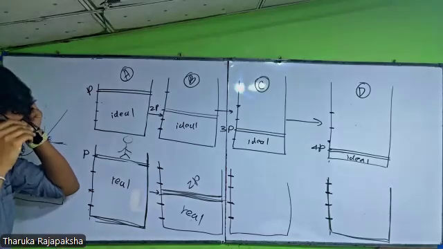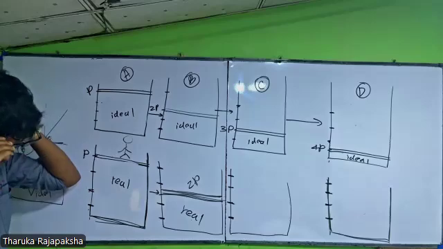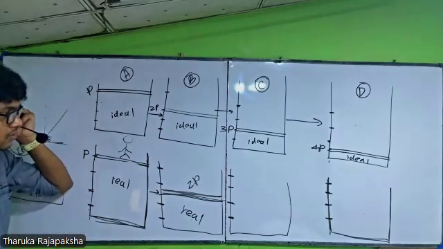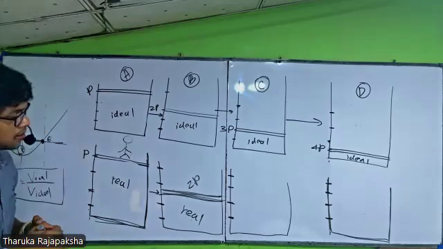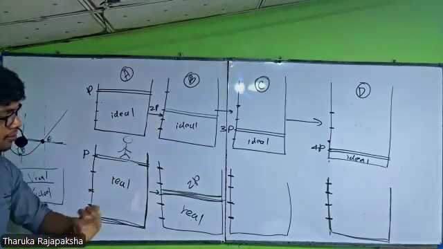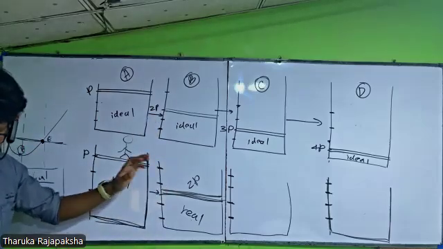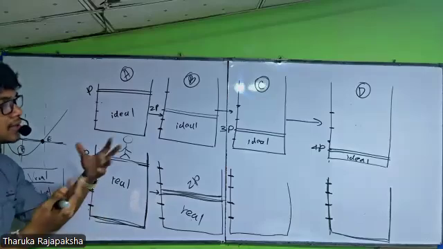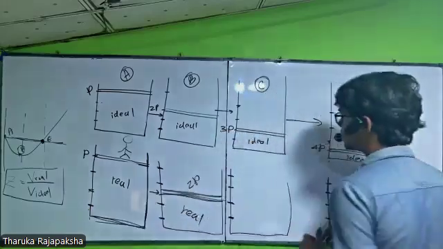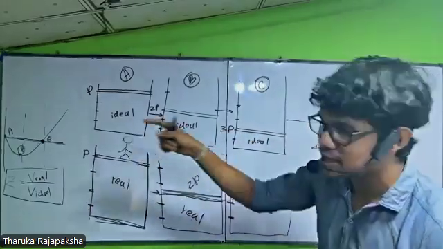Right. In situation B, the volume is less, right? Real gas volume is less than ideal gas volume. So the numerator is small, the denominator is great. Therefore the compressibility is less than 1. Now the pressure increases and it becomes equal to that.